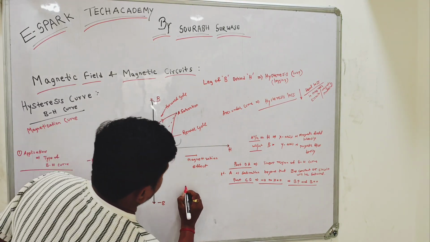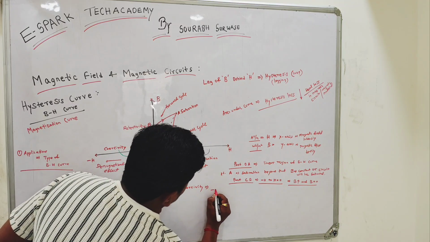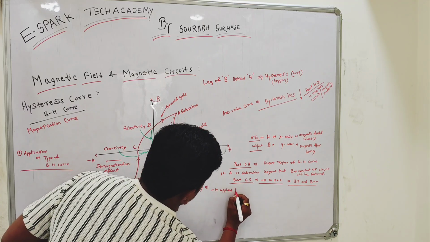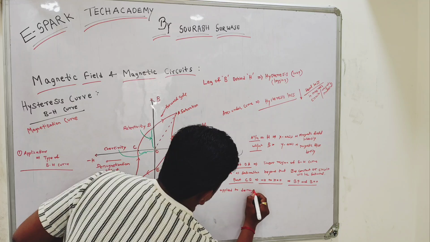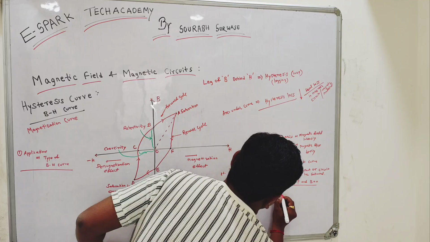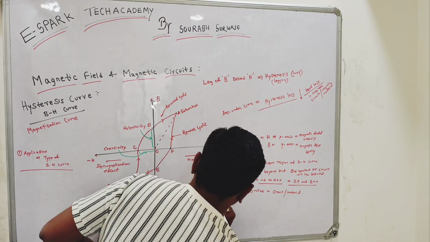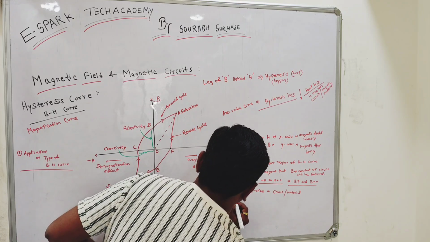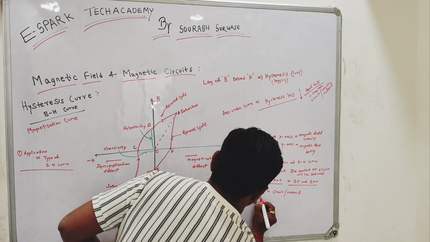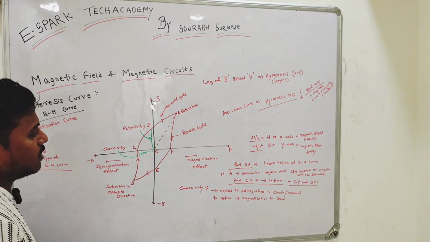Coercivity is the minus H applied to demagnetize a circuit or material to reduce its magnetization to 0.